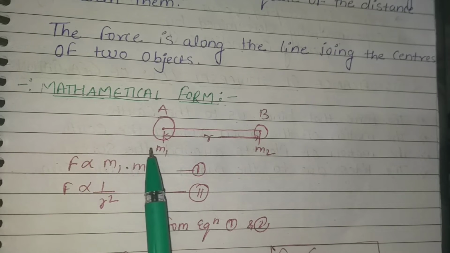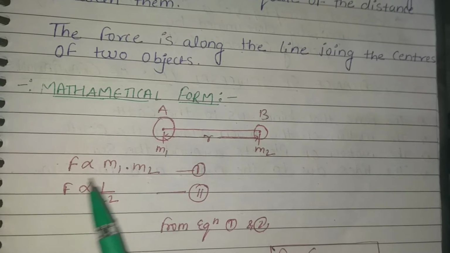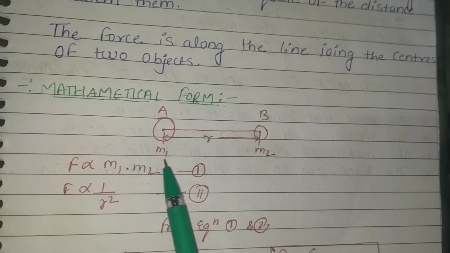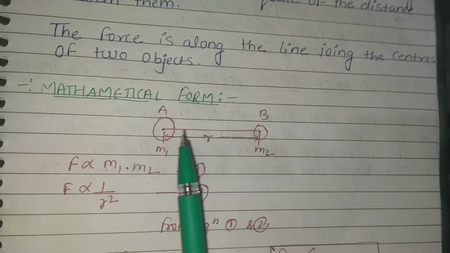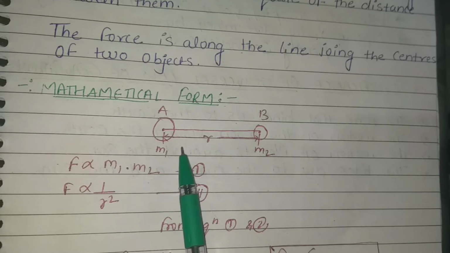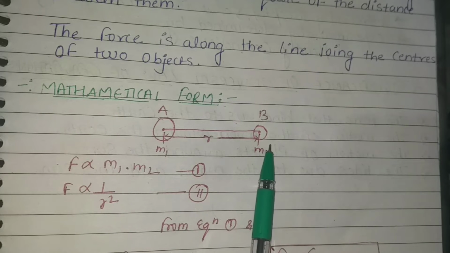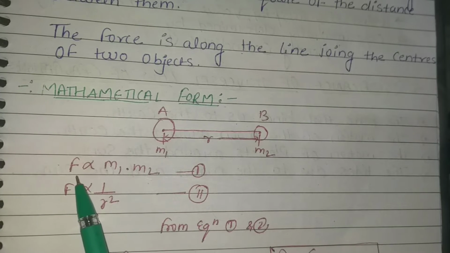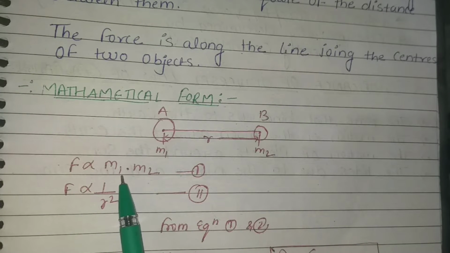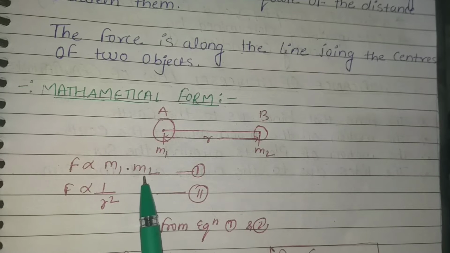Let us understand this law mathematically. Suppose this is your object 1 and this is object 2. Let us suppose this is Earth and this is your moon. Now according to this law, the force is directly proportional to the product of the masses of the objects.